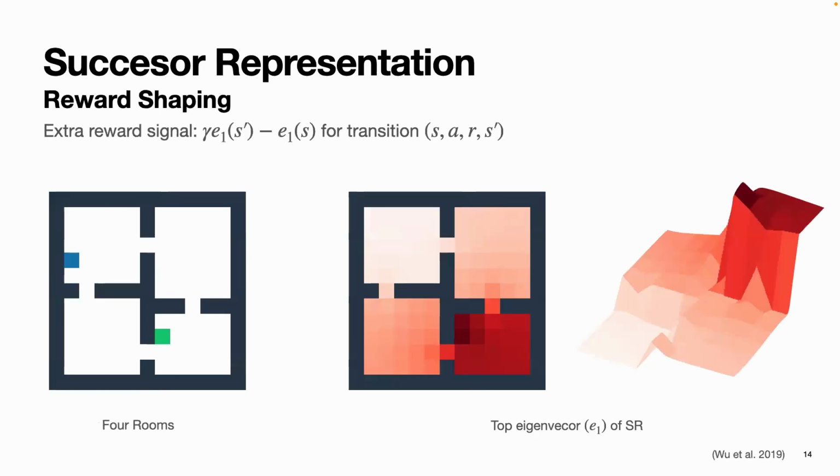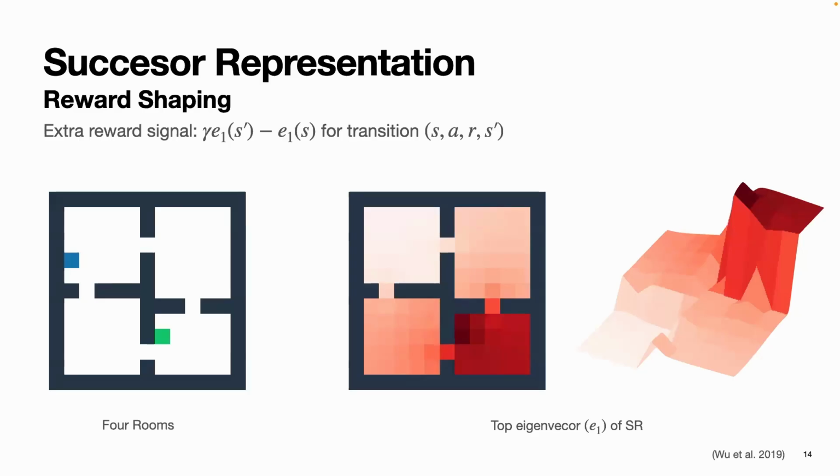One such application is reward shaping. In reward shaping, the task is usually for the agent to reach a goal, but the environment reward may be too sparse or not very informative, and it's generally not enough for the agent to learn to reach the goal.